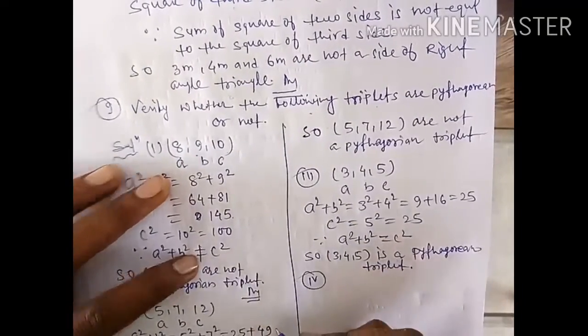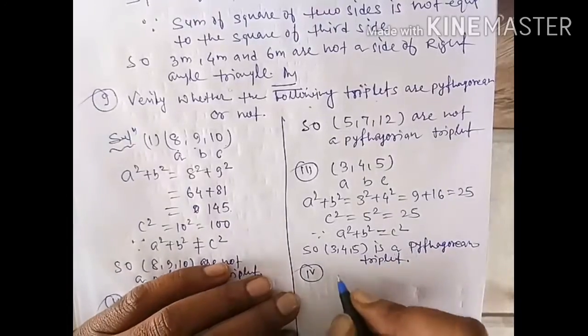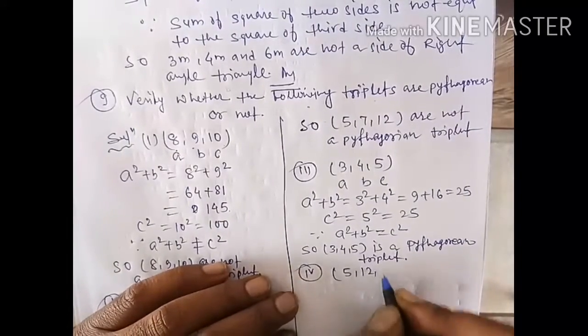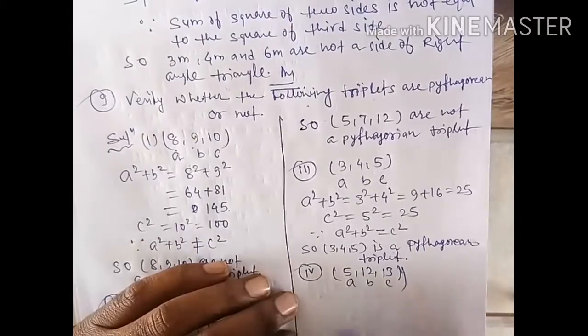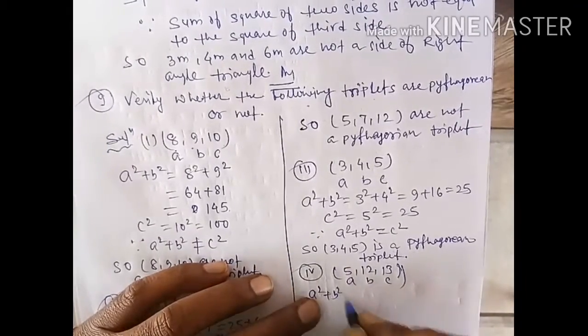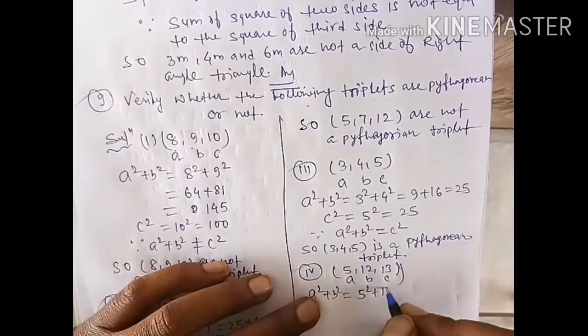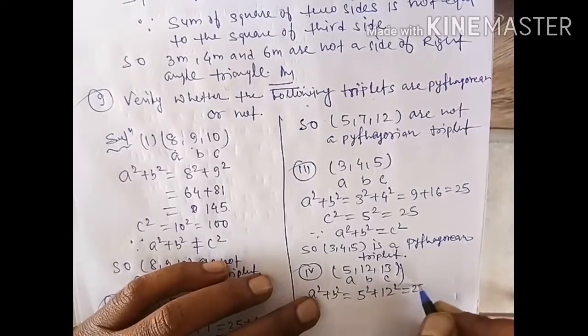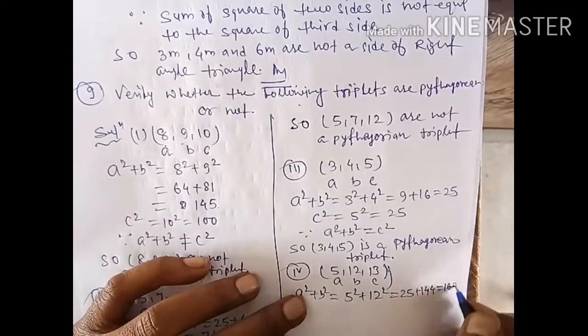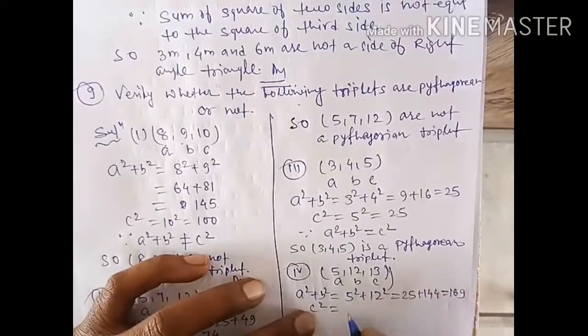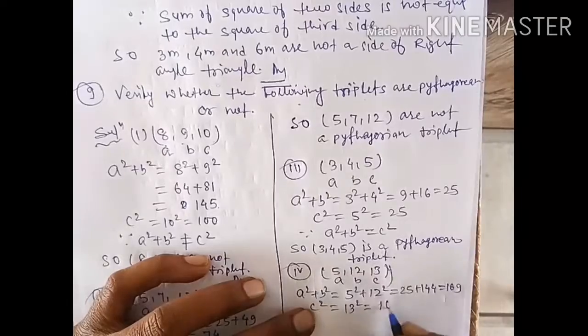Now in question number 4, here the sides are 5, 12 and 13. Let them be A, B, C. So first we find A square plus B square, that is 5 square plus 12 square, that is 25 plus 144, that is 169. Again we find C square, that is 13 square, that is also 169.